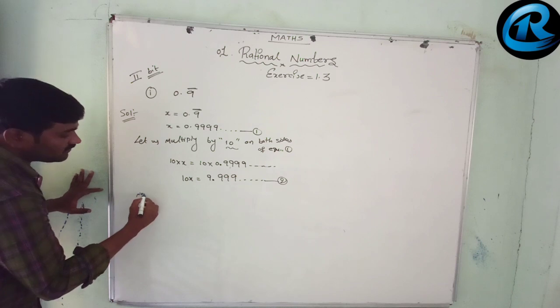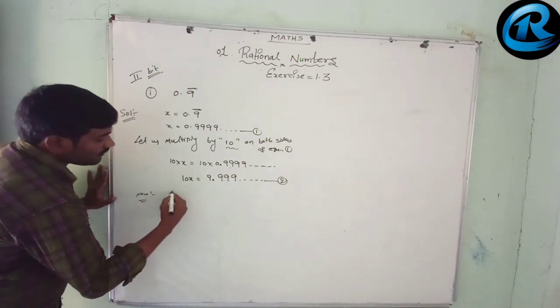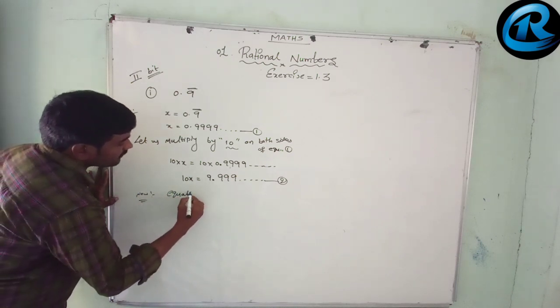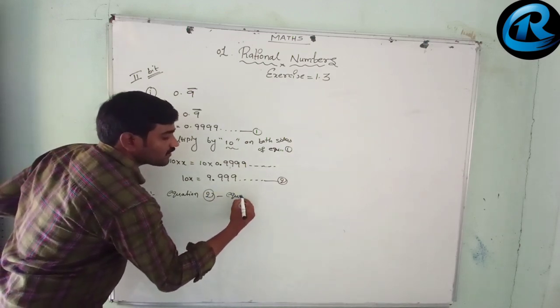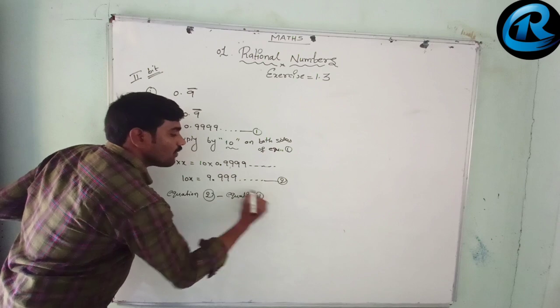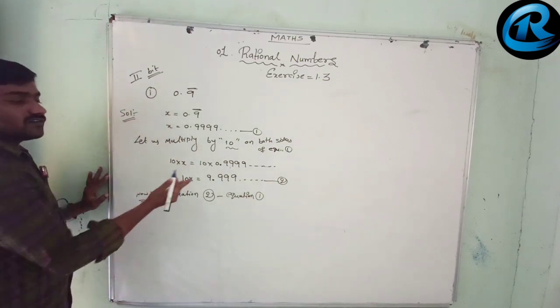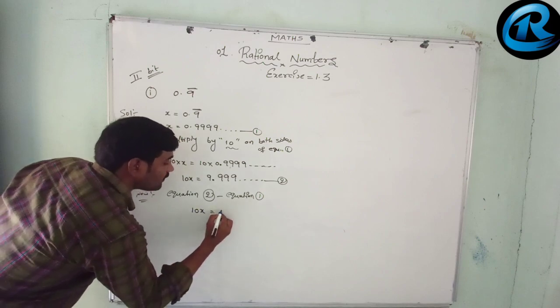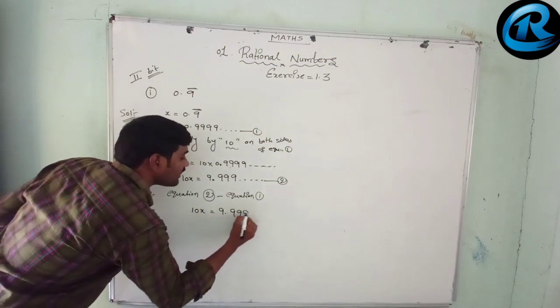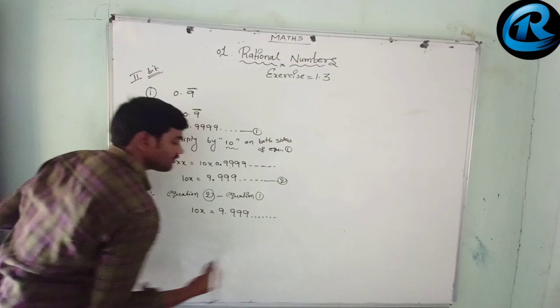Now what we have to do is very simple. Do equation number 2 minus equation number 1. Subtract equation 1 from equation 2. So 10x equals 9.999 and so on.